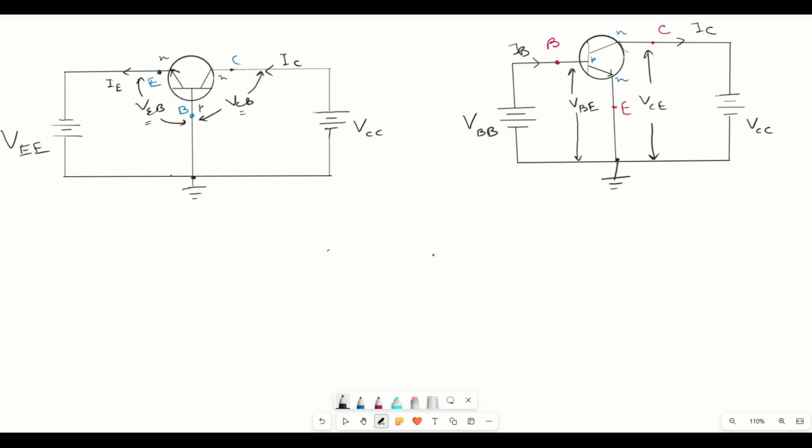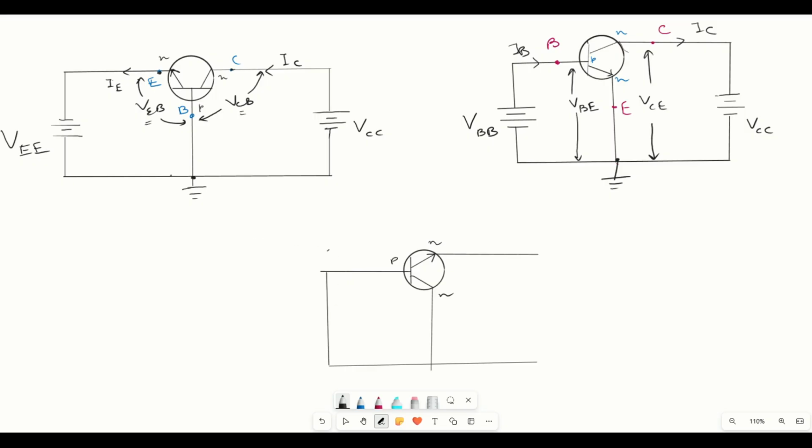Similarly, we can also make the circuitry for common collector. So in common collector, we'll have the collector in the middle. So if collector is in the middle, then emitter will be across the output and input will be the base. So this transistor is also NPN.